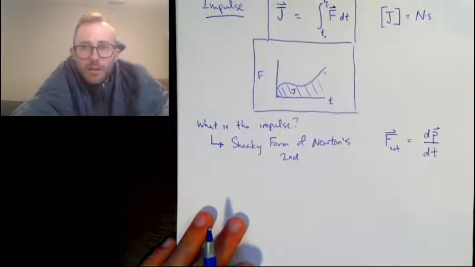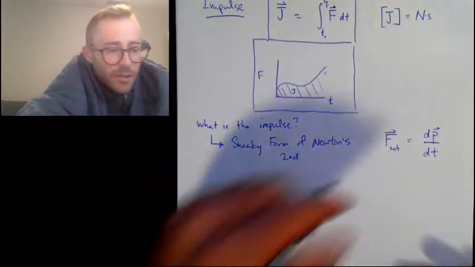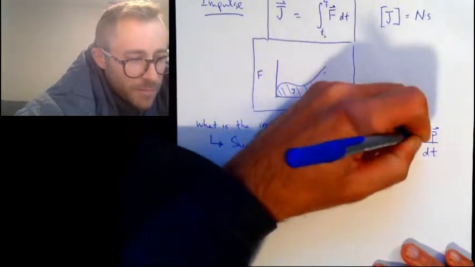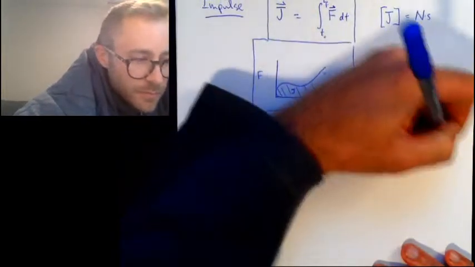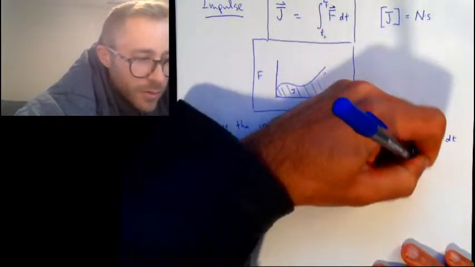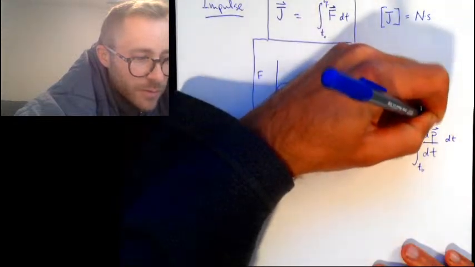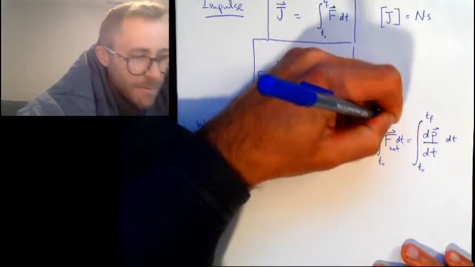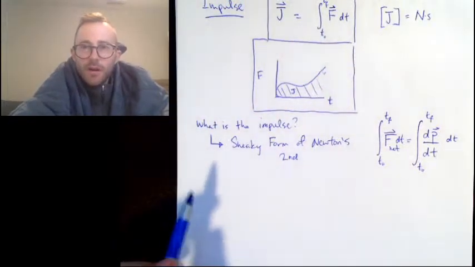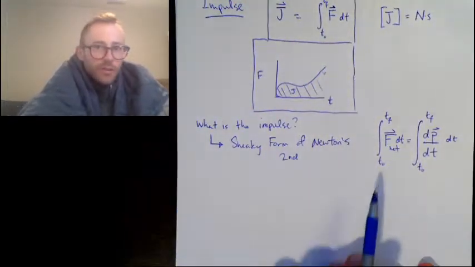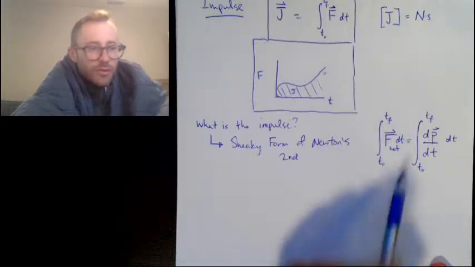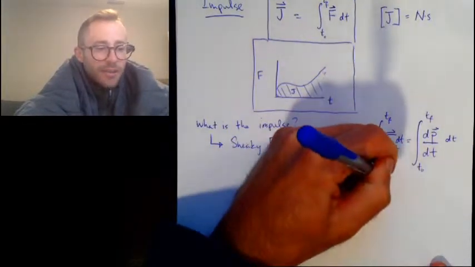Okay? So what I'm now going to do is integrate both sides with respect to time from t initial to t final. On the left-hand side, I have the impulse due to the net force.